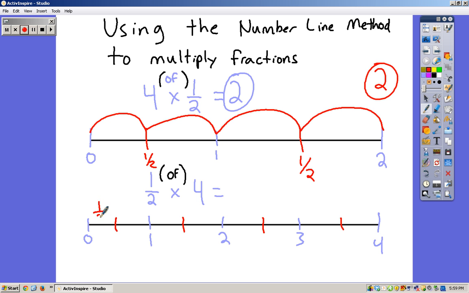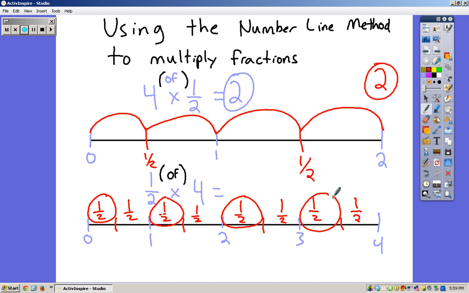So this is 1/2 here, 1/2 here, 1/2 here, 1/2 here. So 1/2 of 4. We're going to take 1/2 of each whole number: 1/2 of 1, 1/2 of 2, 1/2 of 3, 1/2 of 4. 1/2 plus 1/2 plus 1/2 plus 1/2 is going to equal 4/2. It goes into 4 two times, no remainder, equals 2.